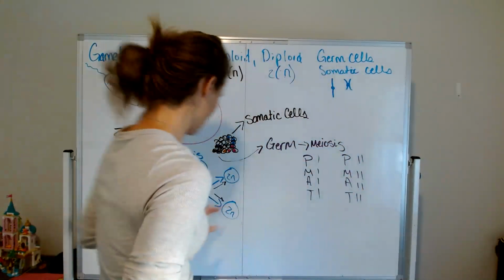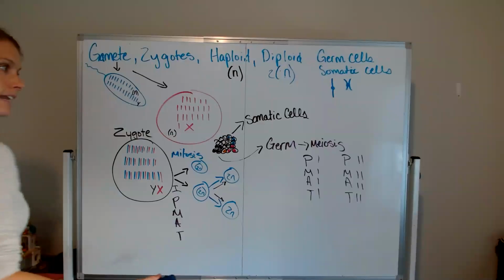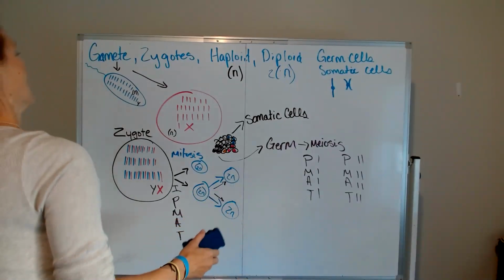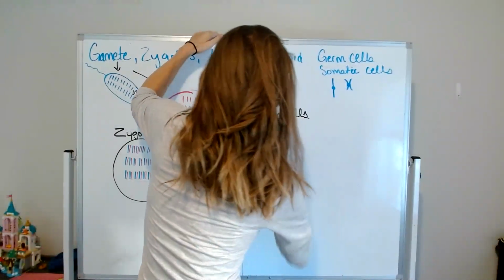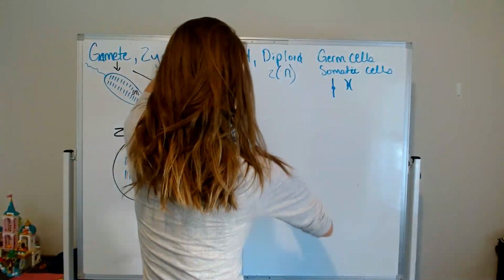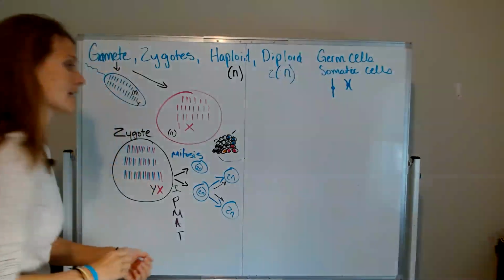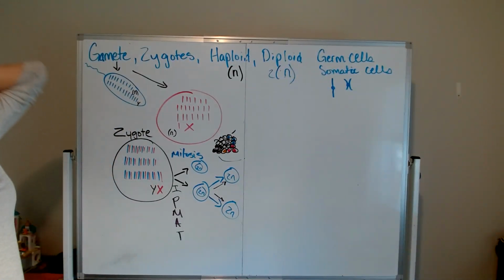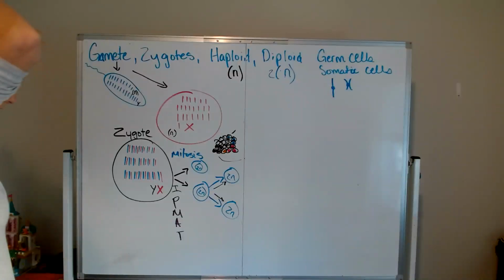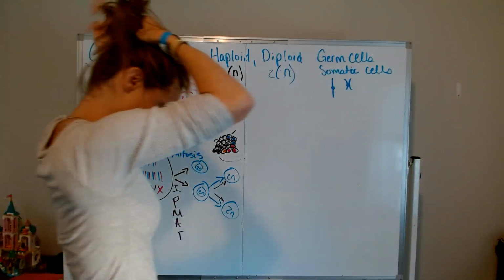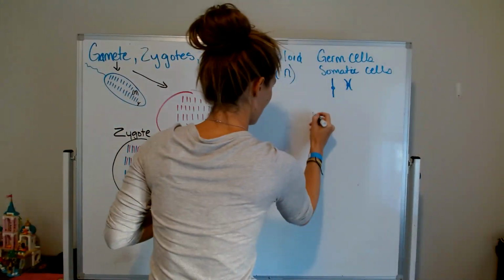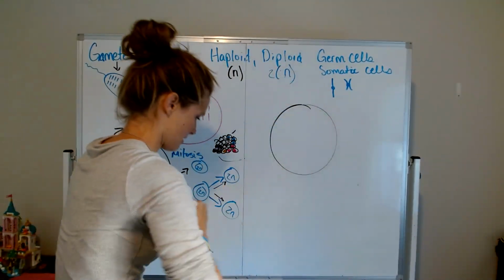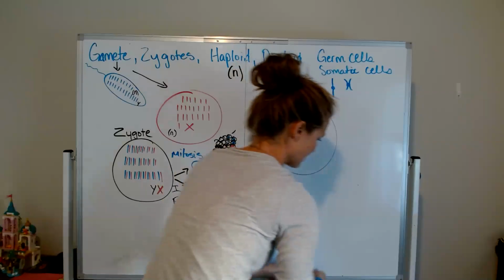So once those chromosomes have duplicated, and they duplicate in interphase, let's erase this. I'm going to draw this up really quick. For simplicity's sake, I'm going to divide them up.